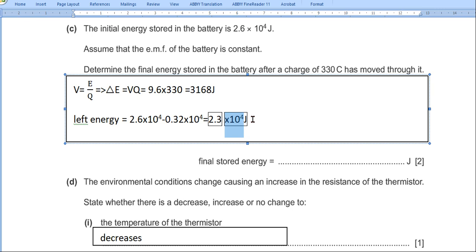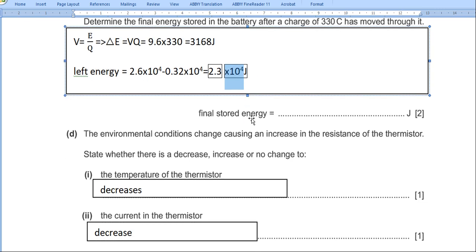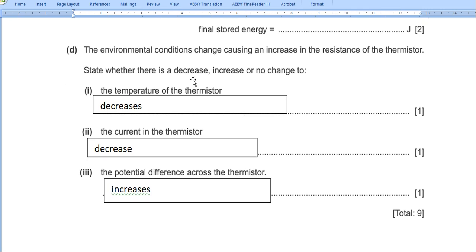Quite enough energy. So environmental conditions change, causing the increase of the resistance of the thermistor. State whether temperature decreases, increases, or stays the same.